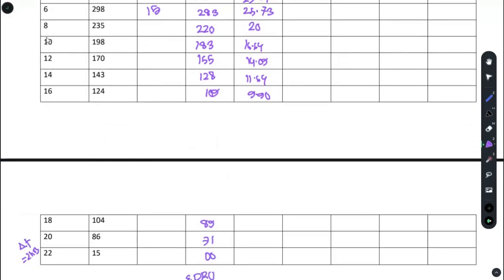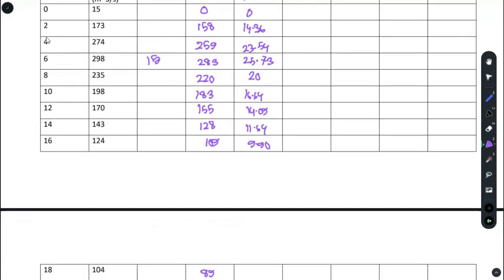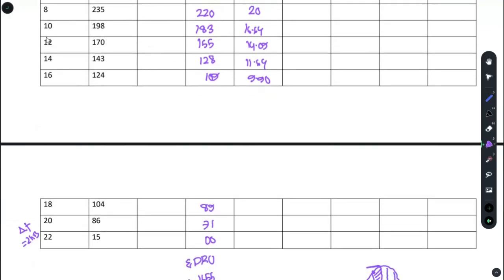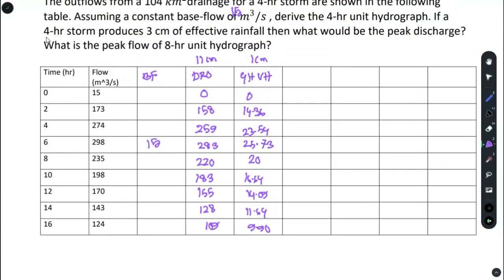Did I miss any? The order is 14.36, 23.54, 25.73, 20, 16.64, 14.09, 11.64, 9.9, and the later one was 8.09, then 6.45, and this is 0. So now I have got the unit hydrograph for 4 hours.